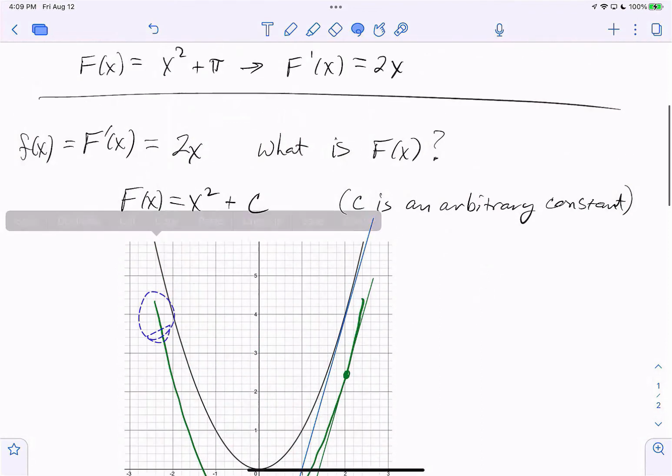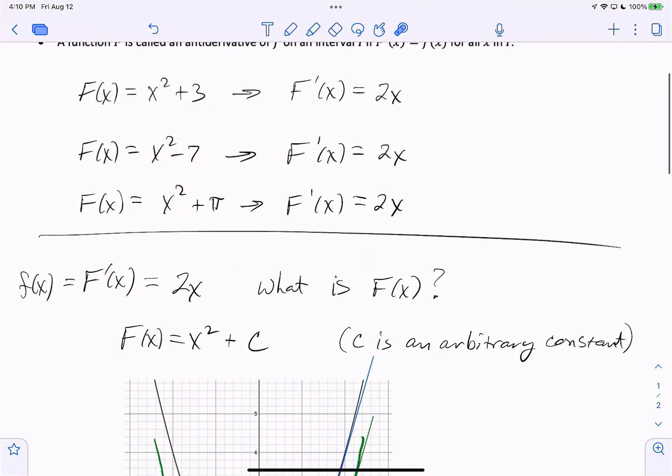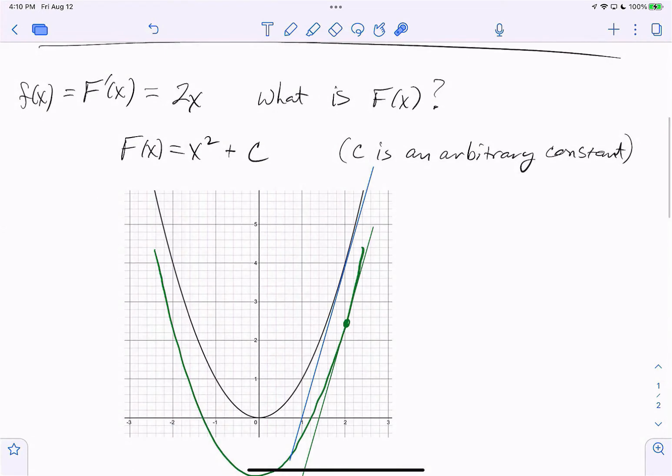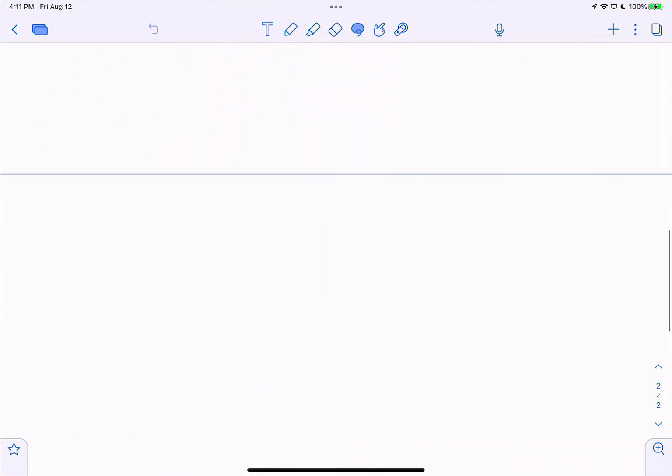And that's all these numbers are. This plus 3, the minus 7, the plus pi, these are all just vertical translations. So what we get when we find an antiderivative is actually a family of functions. And when we write down something like F of x equals x squared plus C, what we're writing is the most general antiderivative.